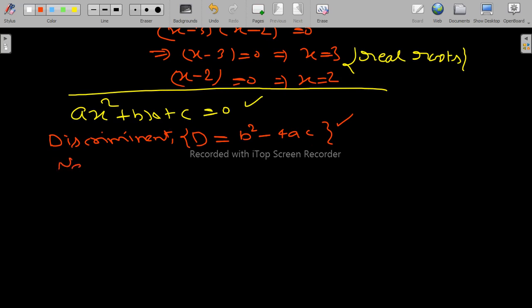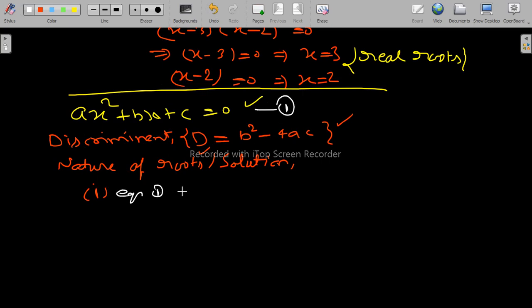Now, the nature of roots of the solution. The nature of roots or solution depends on the discriminant. Let's see how. If this is D, there are three conditions. First condition, suppose this is equation number 1.